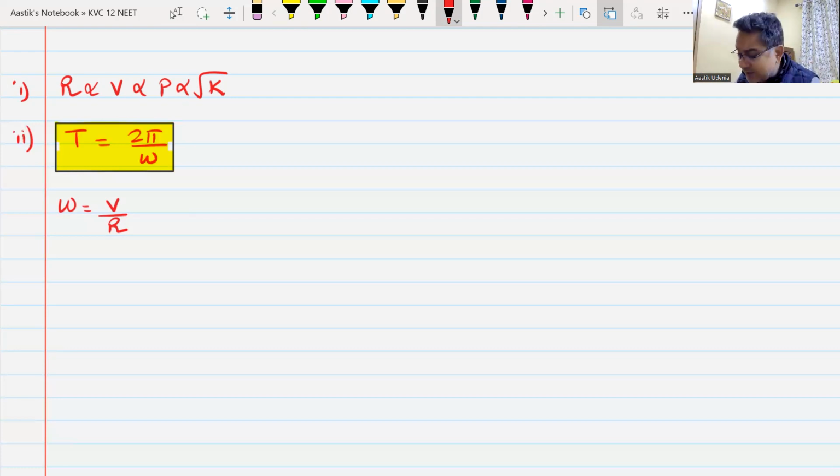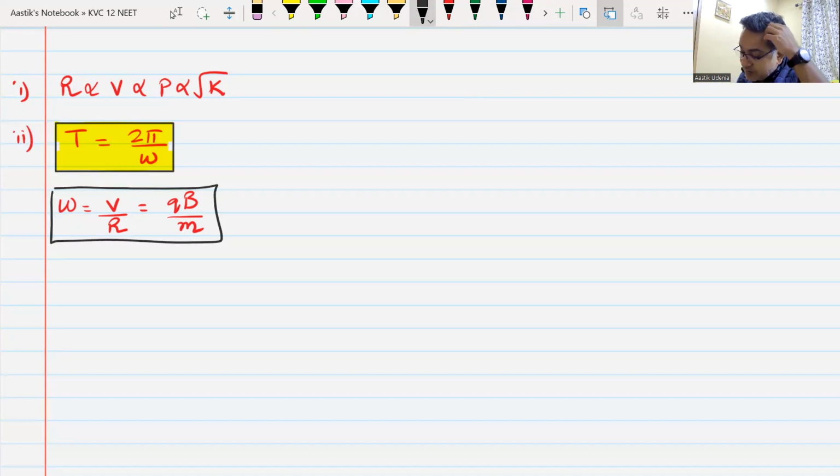Omega is V by R. If you divide V by R, with R being mv by qb, you will get omega as qb by m, and that is a very important formula that you must remember. Omega is qb by m.